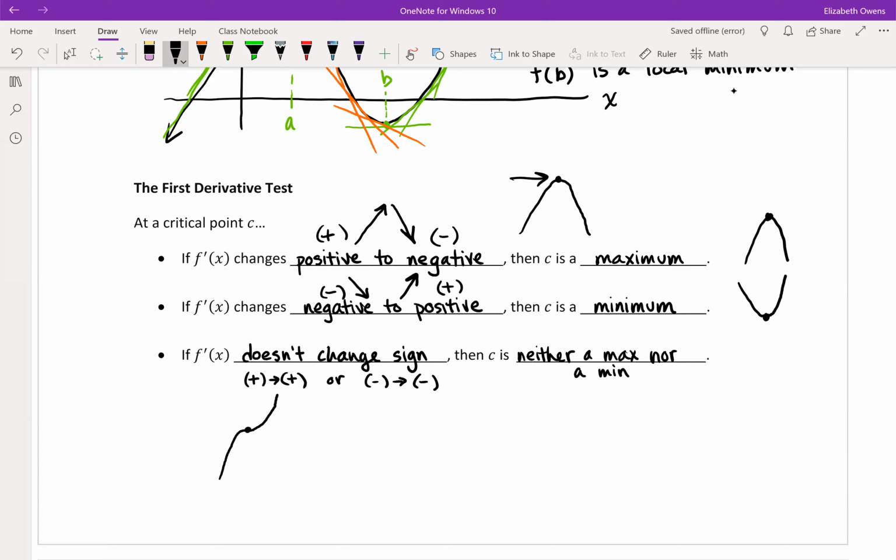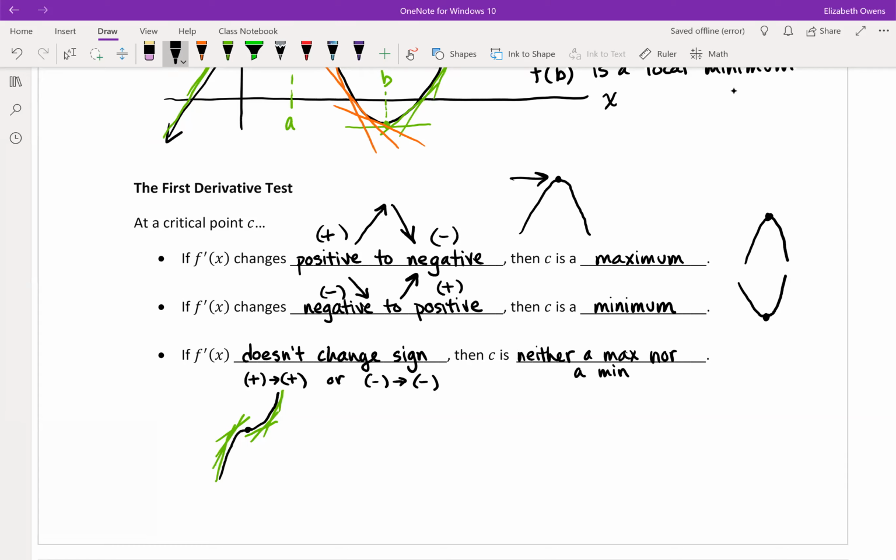So it might look something like that, because there's positive tangent line slopes here, positive derivative values, and the tangent line slopes are still positive over here. So there was no real shift in the sign. And you can see that that critical point in here is not a maximum or a minimum. It kind of looks like a max from one side, if you were only focusing on this half of the graph. But then if you focus on the other part, then it looks like a minimum. So it's neither a maximum nor a minimum.